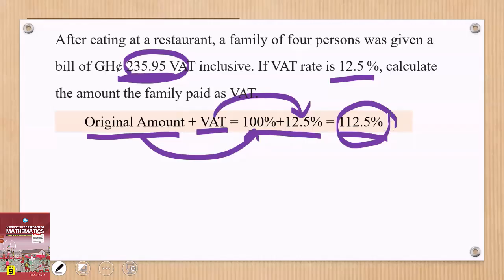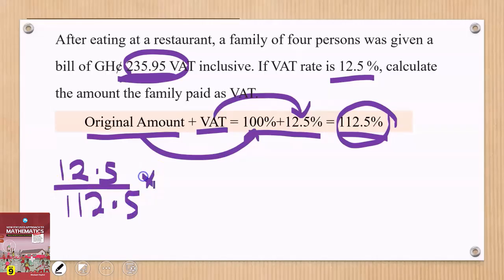So for us to find the amount the family paid as VAT, we can now say, okay, 12.5 over the total percentage, which is this, times the amount they paid. That's the final amount they paid. So we can now know how much the government will take from this amount that they've paid.